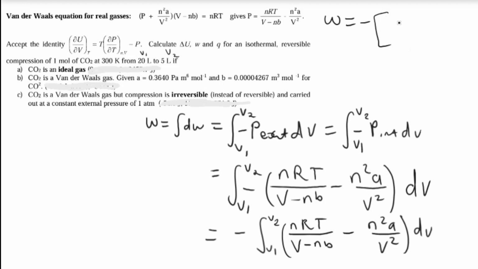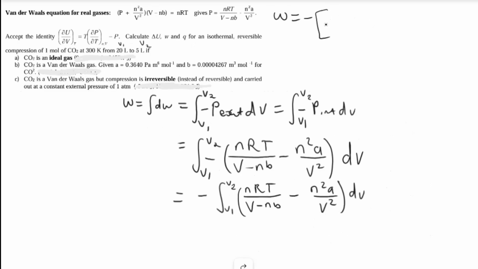Inside of that bracket, we have the nRT. They've got nothing to do with this integral. We take them out and write them down there, n. And then we have the integral of 1 over V minus nb, dV, from V1 to V2.